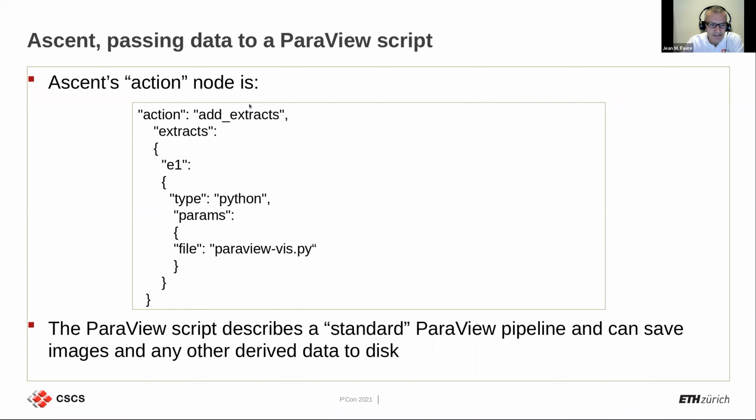I will tell Ascent to add an extract of a particular type, and this type is Python, and I will tell Ascent, please read the file called ParaView-Vis.python. And this ParaView-Vis.python is a script from the standard ParaView pipeline environment.